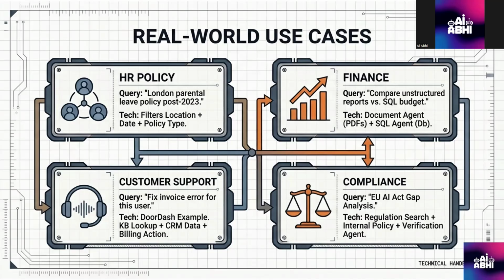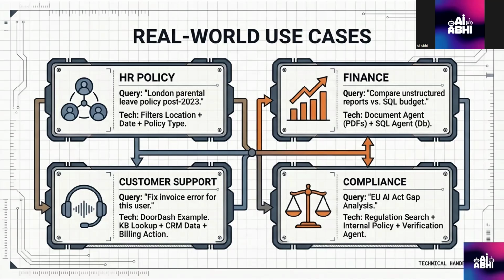So the agentic system routes this to two agents. A document agent searches the financial reports for the Q3 expense breakdown. A data agent queries the budget database for planned amounts. The supervisor merges the data, calculates the percentage, and flags departments over 110%.